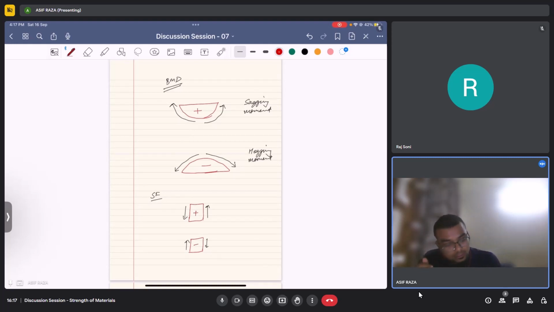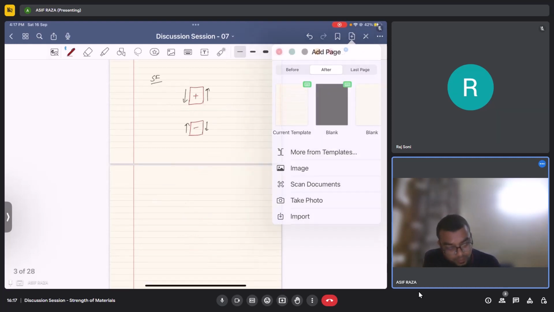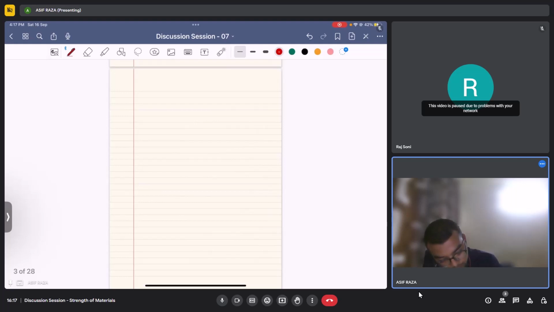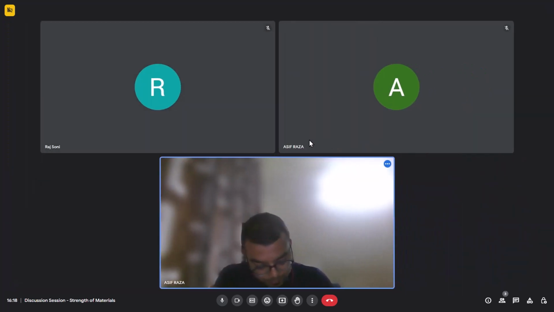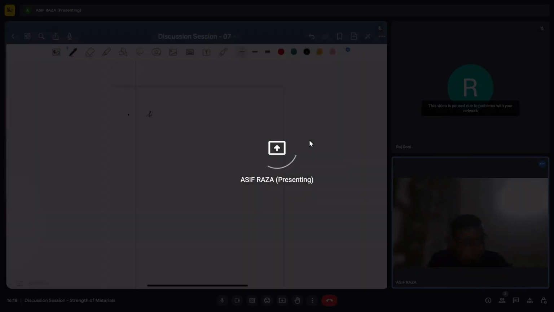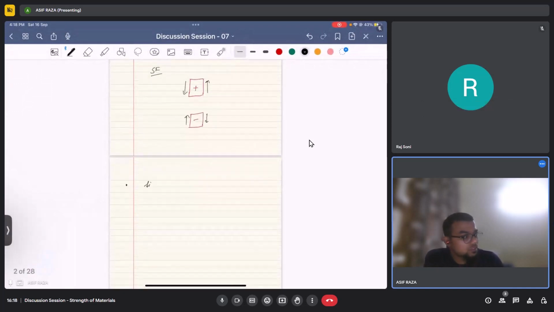Few more things to add. Regarding supports, I'll just draw different structures.